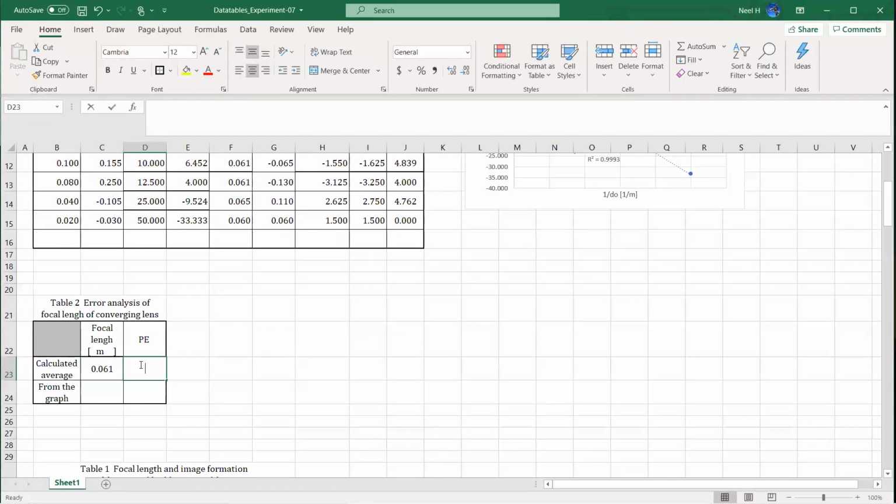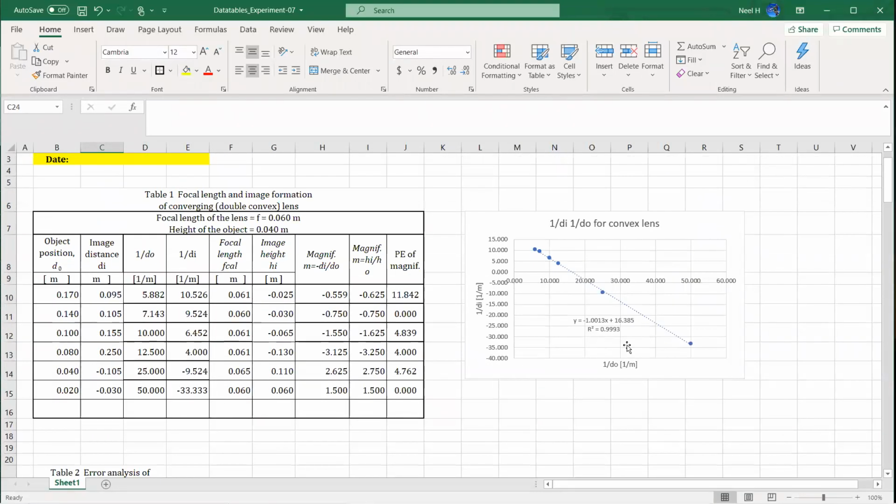Let's do the percent error, equal ABS. Expected value is 0.06. Calculated average is about on cell number C23. Close bracket, divide by 0.06, multiplied by 100, about 1.93.